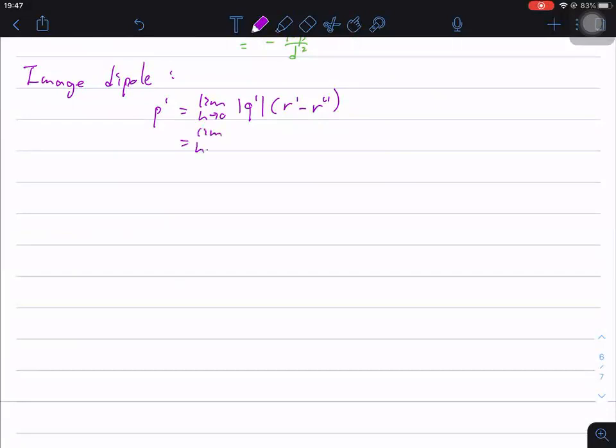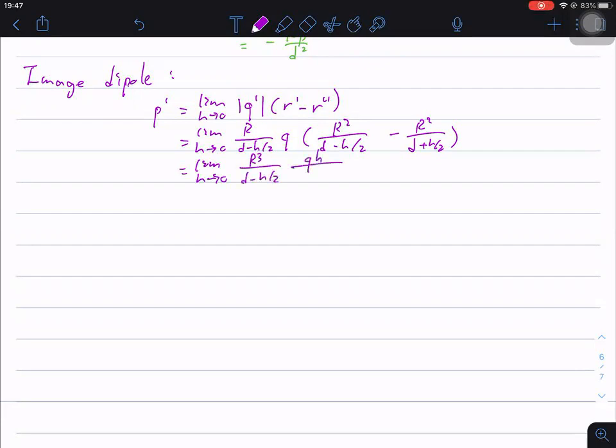So again, you just have to substitute all the H, R, D, and Q into this expression, and then taking the limit, QH over D squared minus H squared over 4.